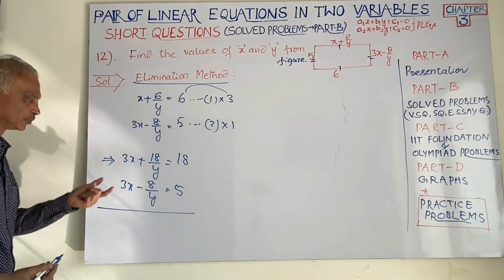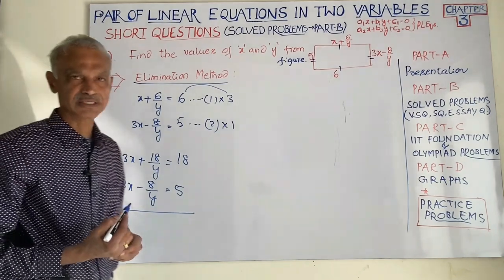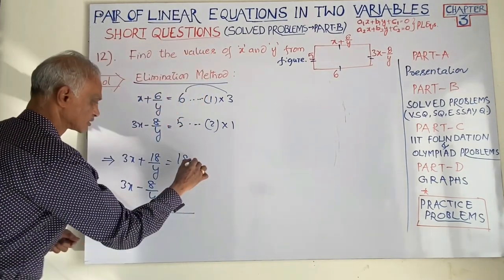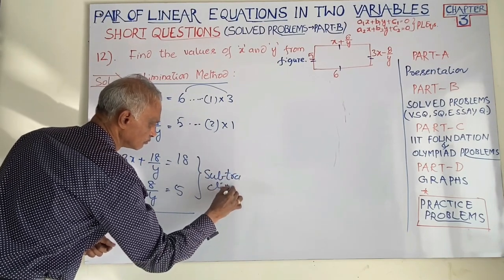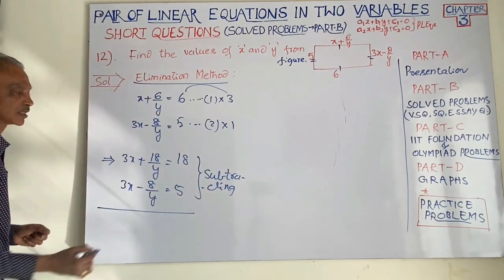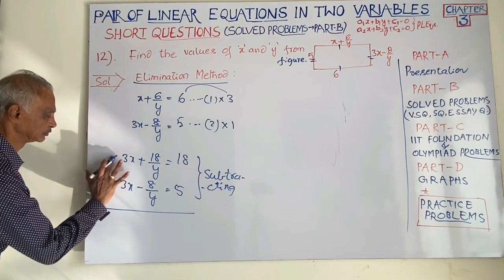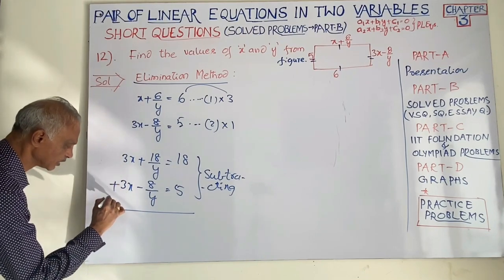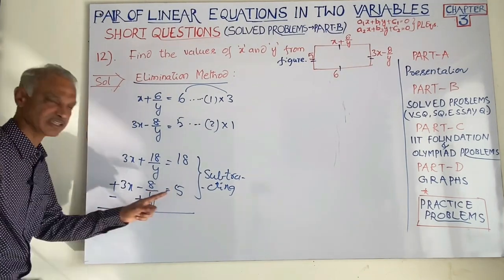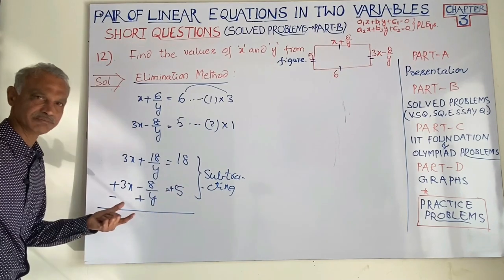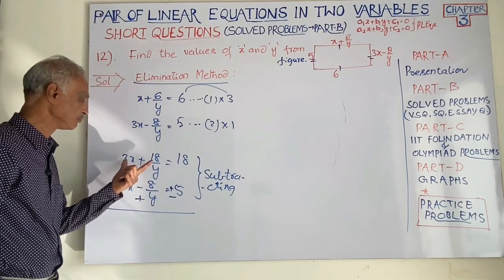Now 3x is there in both with plus signs, that's why you have to subtract this equation from this equation.